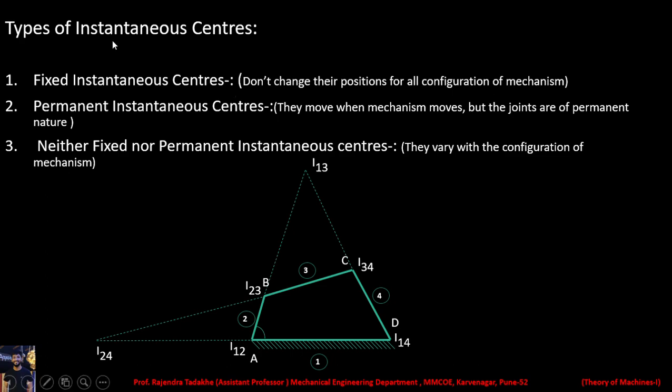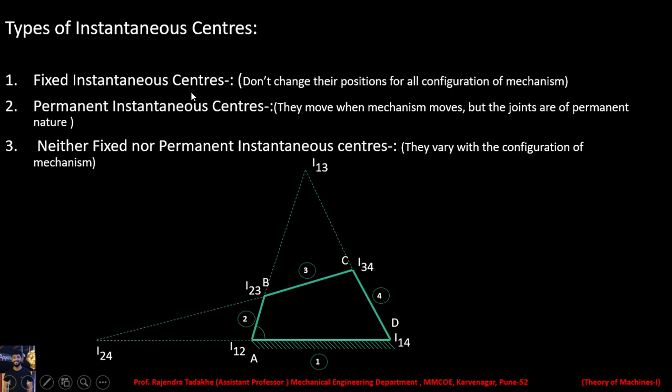The first one is fixed instantaneous centers, which simply tells that it is fixed in nature. Then second is permanent instantaneous center. Again, the name itself tells that it is permanent in nature, but there might be a small confusion between fixed instantaneous center and the permanent instantaneous centers. So for that we will look at their basic definition.